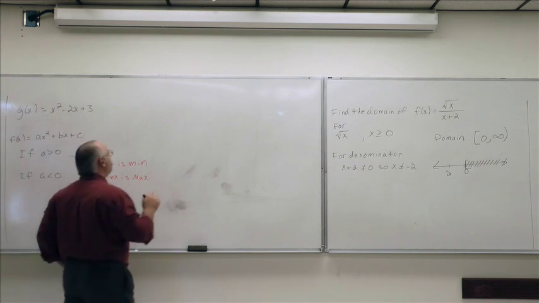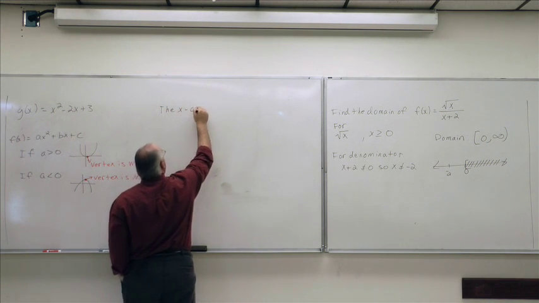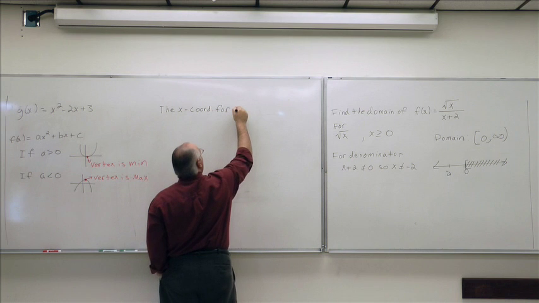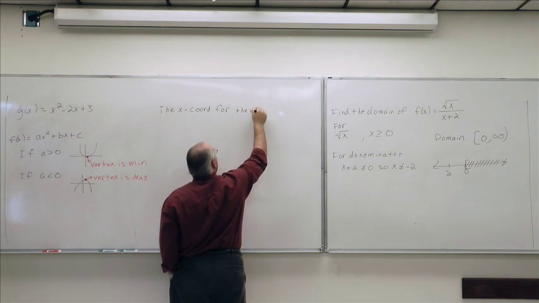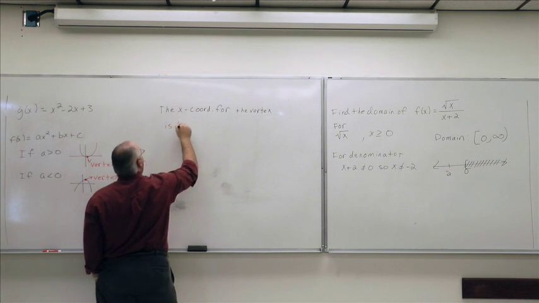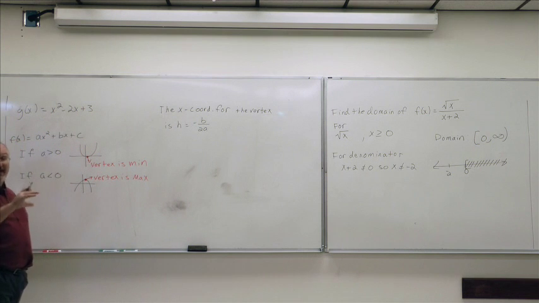Well, how do we find the vertex? The x-coordinate for the vertex, h, is negative b over 2a. Remember, the vertex is always (h, k).